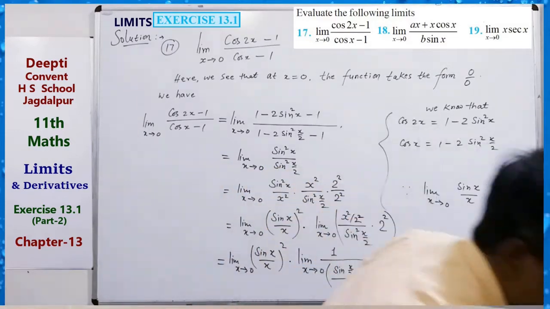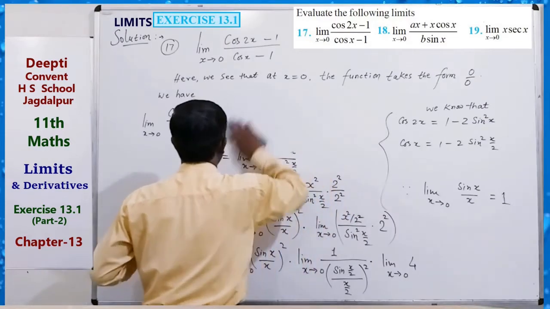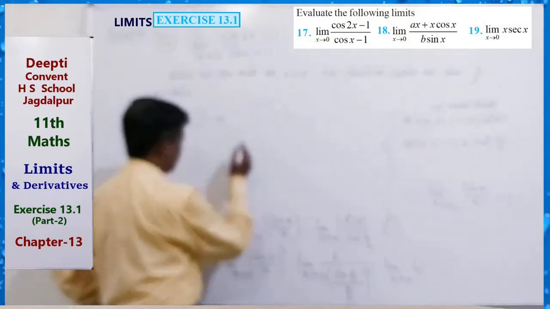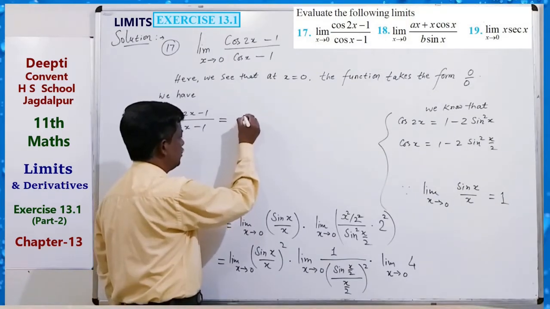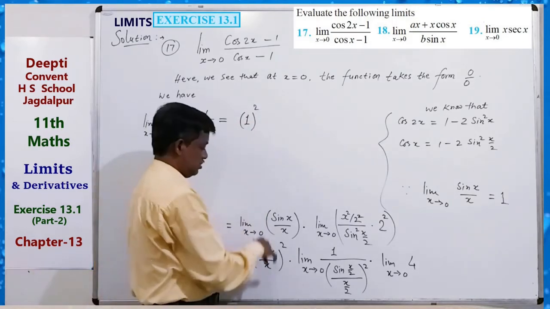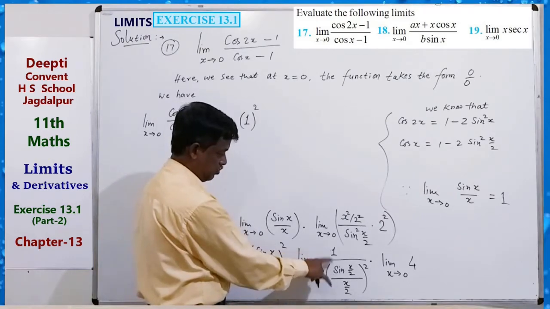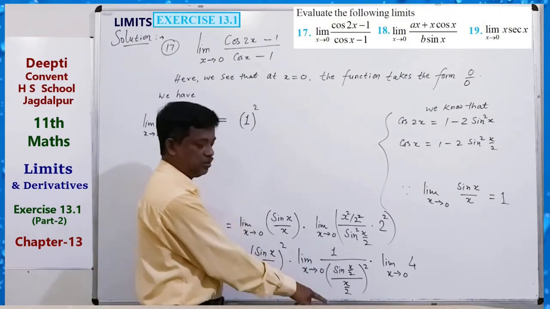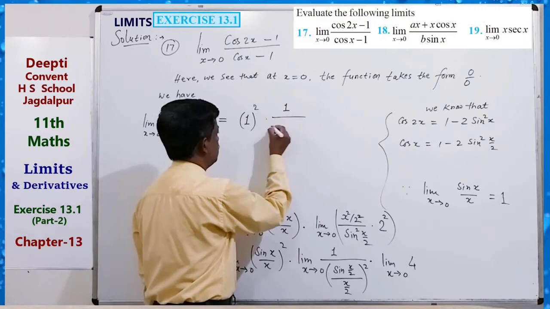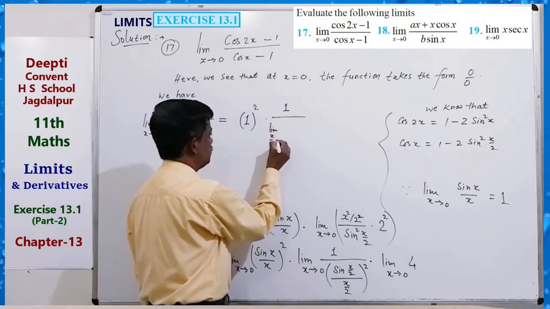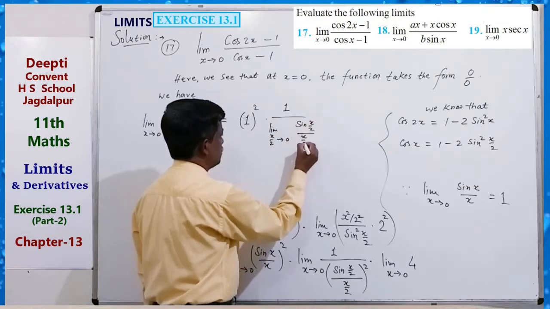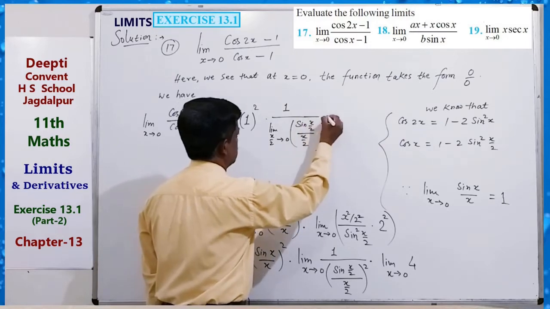After this line, this is 1 square. The limit goes to numerator and denominator, so we have 1 upon the limit as x by 2 tends to 0 of sin x by 2 upon x by 2, into 4.